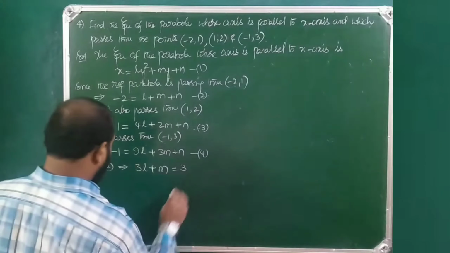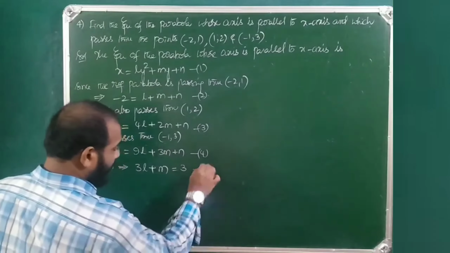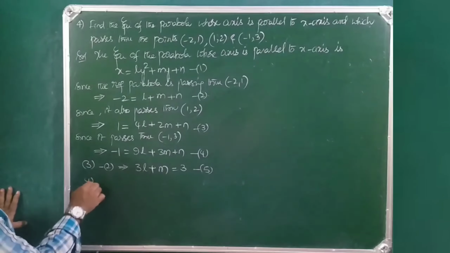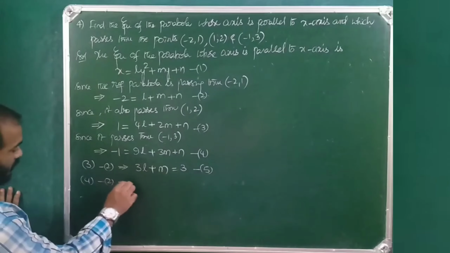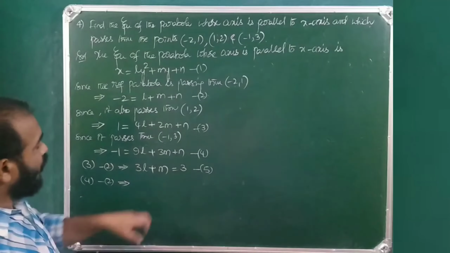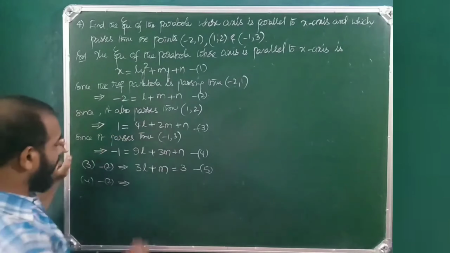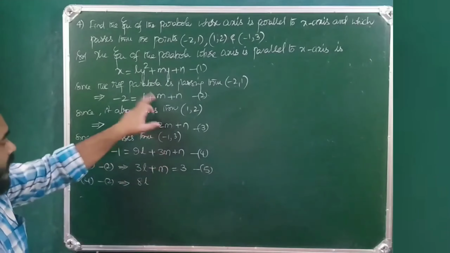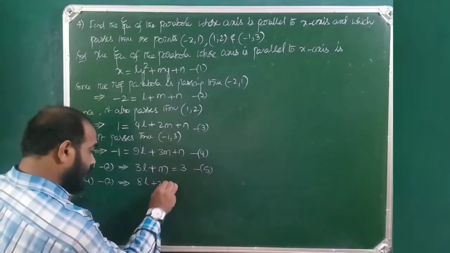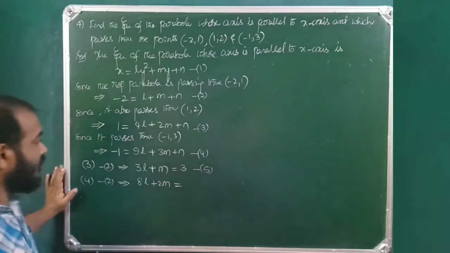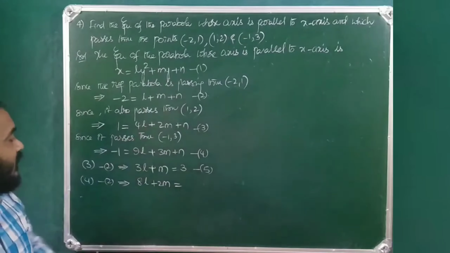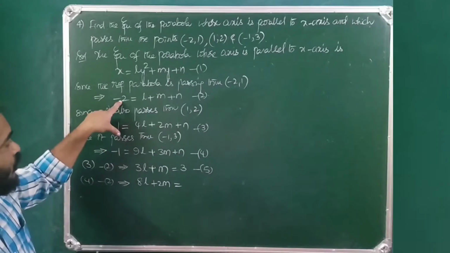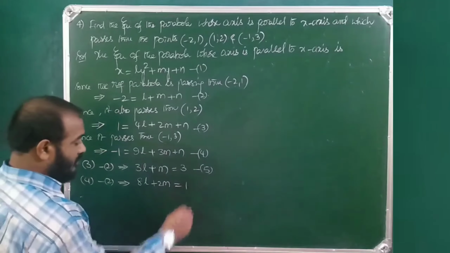So this is the fifth equation. And 9L minus L is 8L, next 3m minus m is 2m, plus n minus n gets cancelled, equals minus 1 minus of minus 2 minus 1, which is 1.